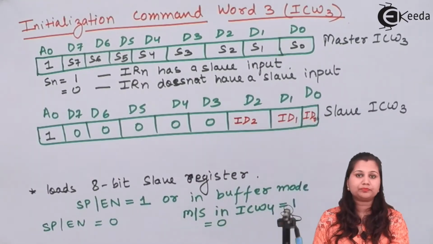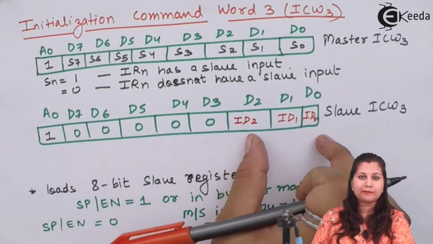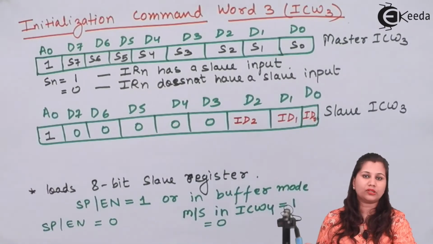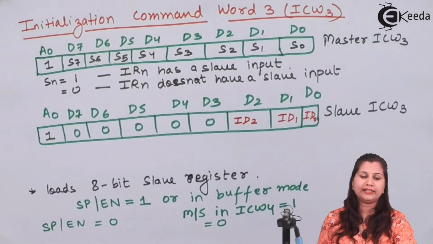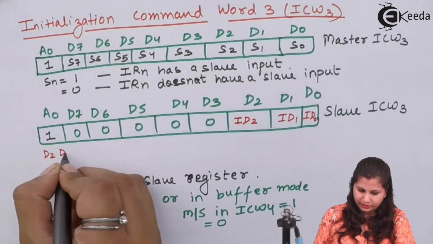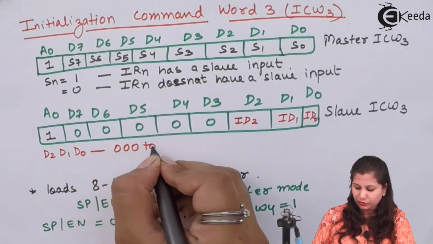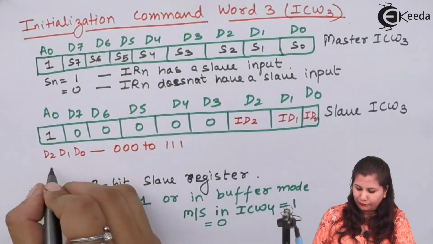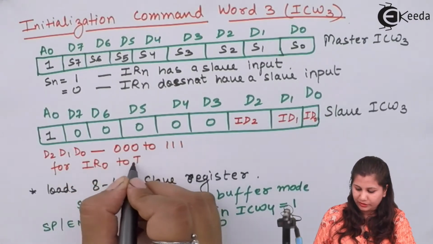Identification bits means these bits are used to identify the slave IC. Okay, so with 3 bits we can have the combinations 000, 001 till 111. So these 8 combinations will identify the 8 slave inputs. Here I have D2, D1 and D0. Their value can change from 000 to 111 for IR0 to IR7.